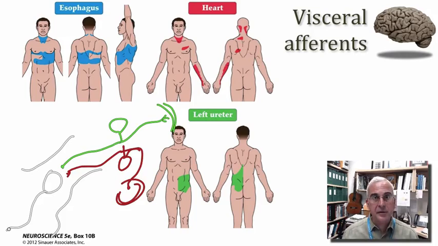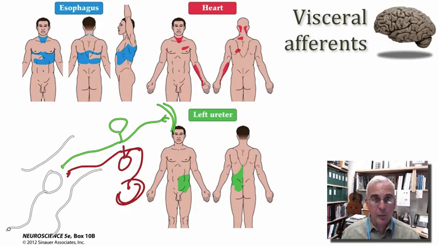And the fact that these patterns are so predictable suggests that they actually do align with the organization of the body map in the dorsal horn of the spinal cord according to the segments of the spinal nerves. So illustrated here, for example, are visceral pain patterns associated with the esophagus, with the heart, and with the left ureter.